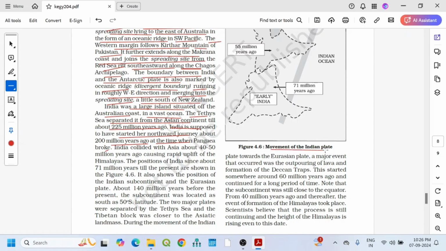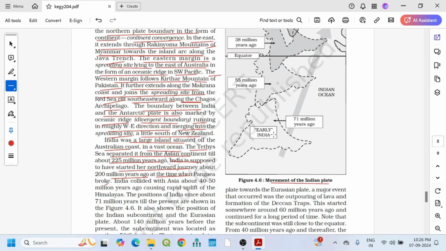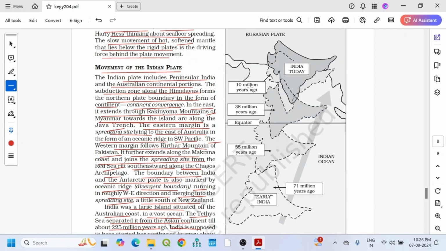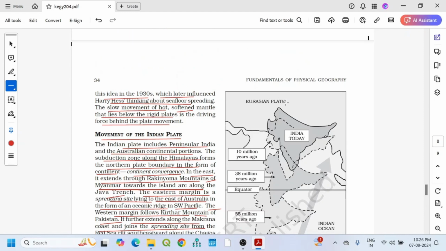This shows the movement of the Indian plate. This is the early India, and then 71 million years ago, 55 million years ago, 38 million years ago, then 10 million years ago, and India today. There is the Eurasian plate.